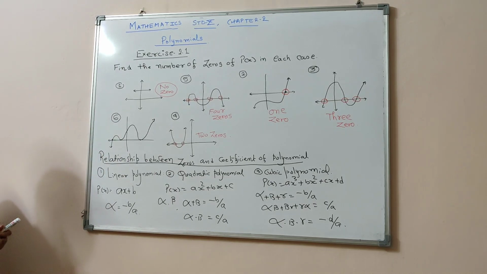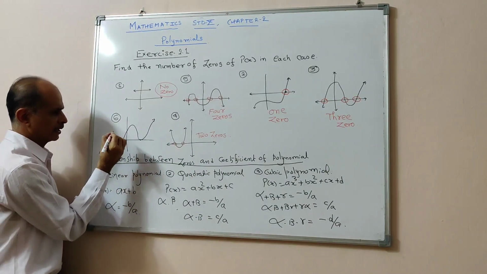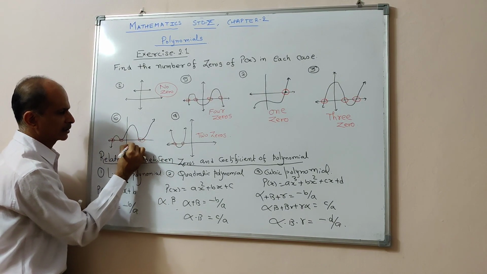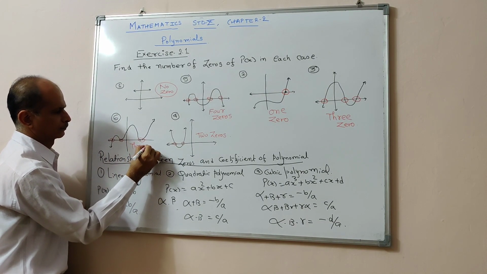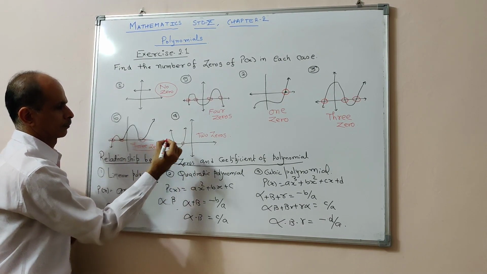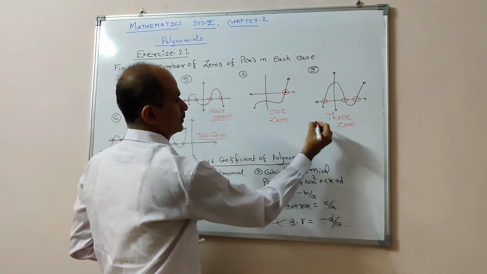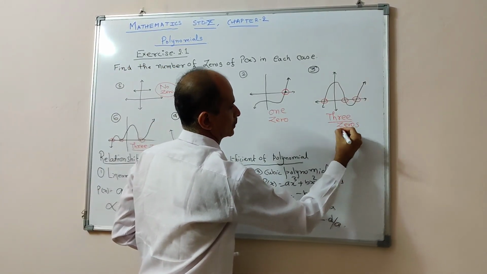Similarly, in example number 6, this is the first point of intersection, this is the second point, this is the third point, and that's why here 1 zero and here 3 zeros.